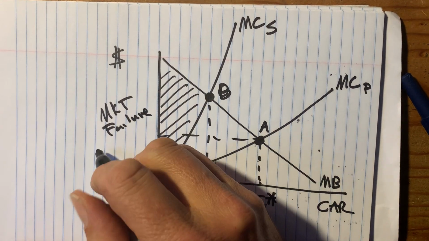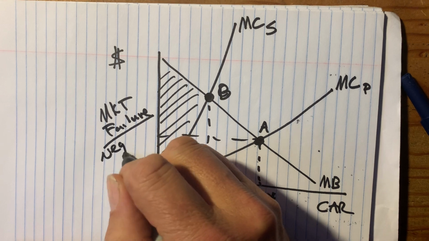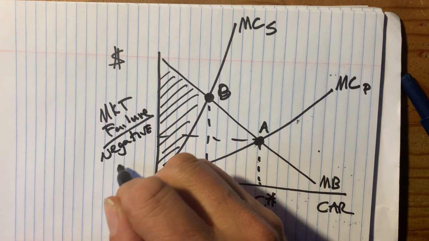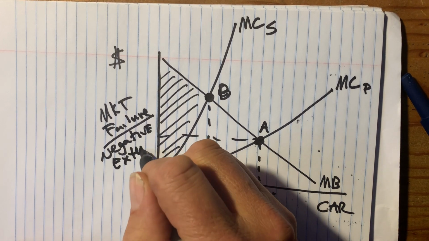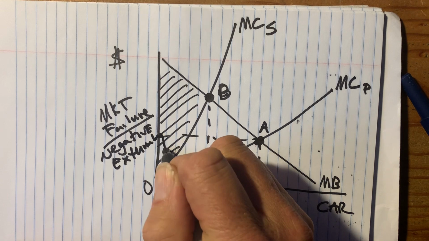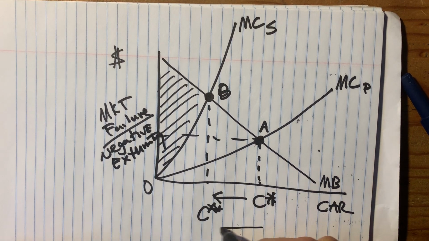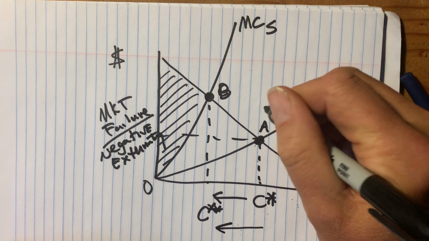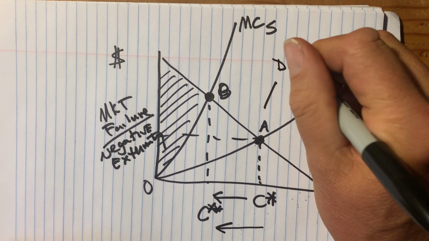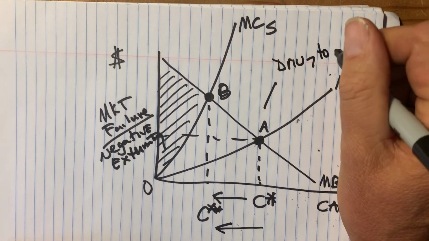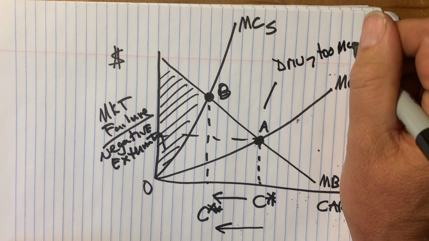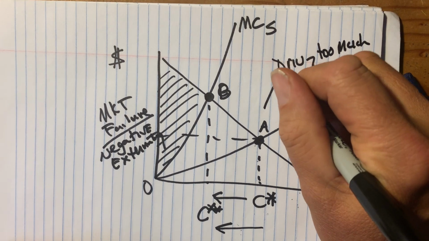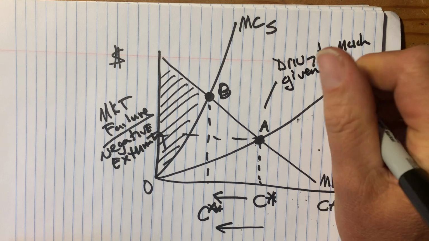And this would be a negative externality. Right? And the idea is if you're at A, you are driving too much given social costs.